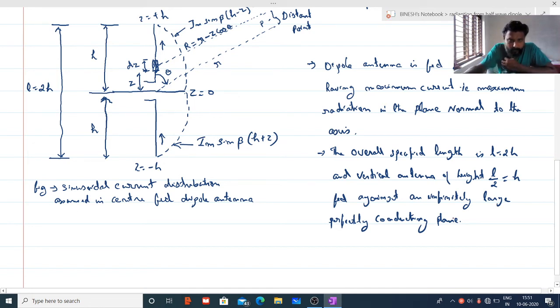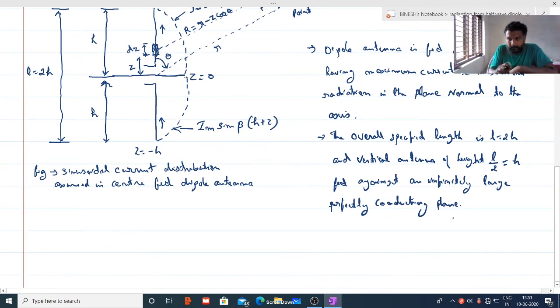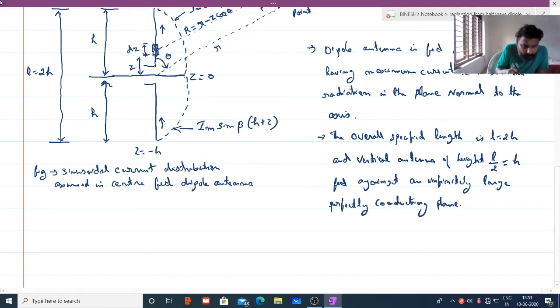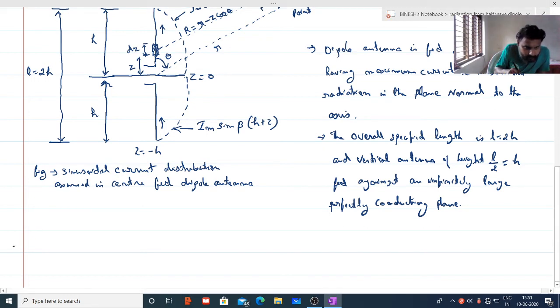So the next point I have to discuss is the field that originates from the current element I dz.